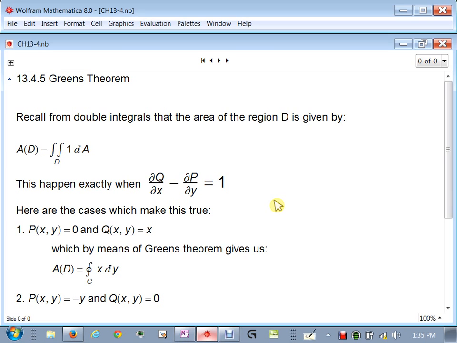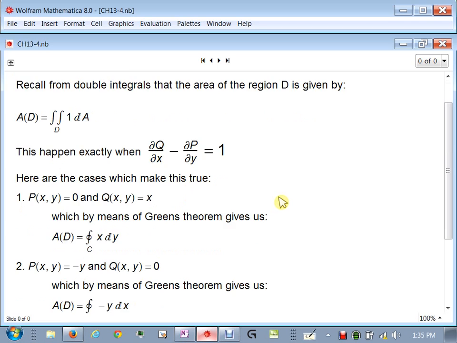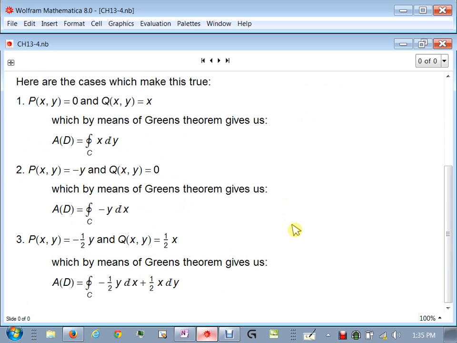So if the partial of Q with respect to x minus partial P with respect to y is 1, then there's different ways that you could get that to happen. So I'll give us a couple of cases here. Let's say that your P function is 0 and your Q function is x.